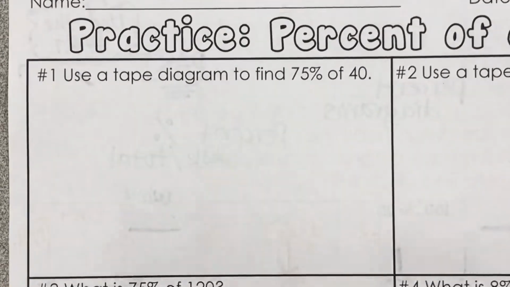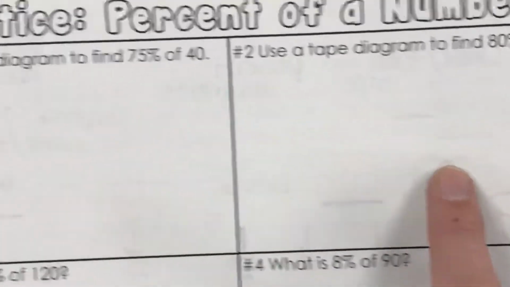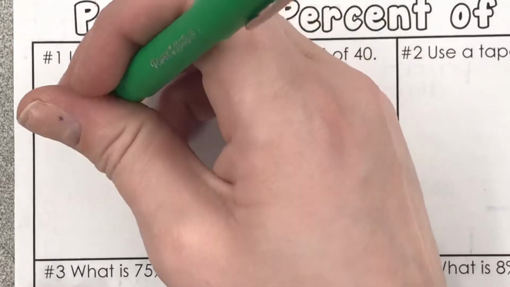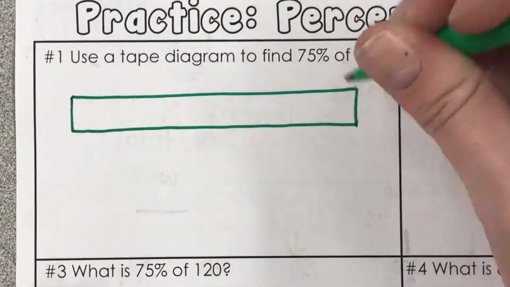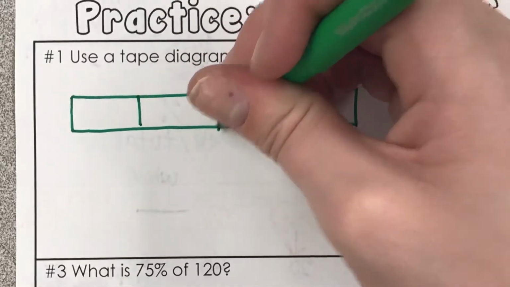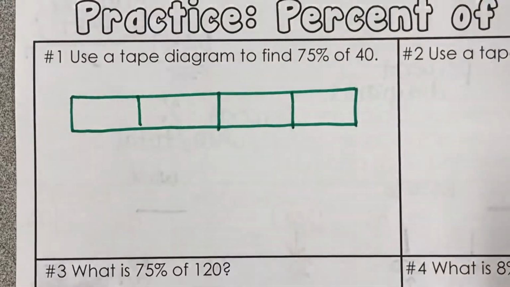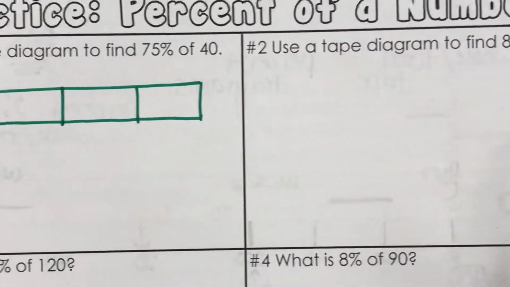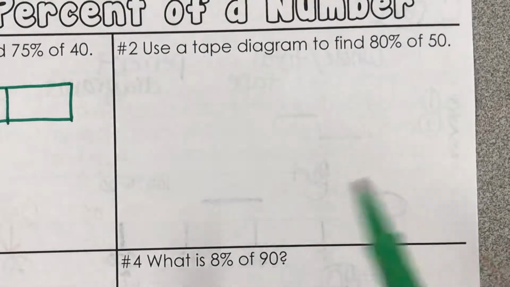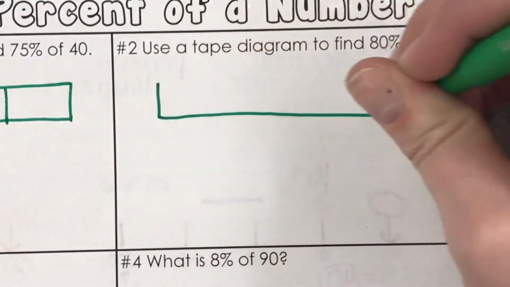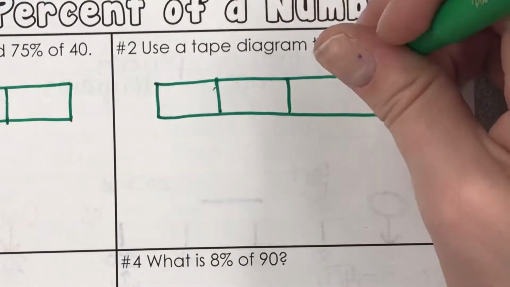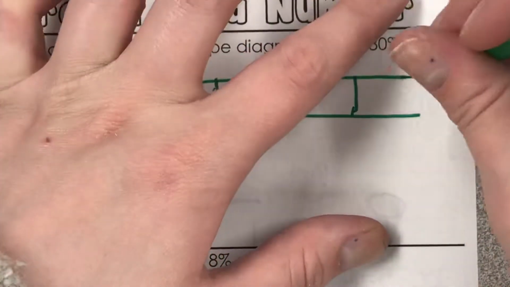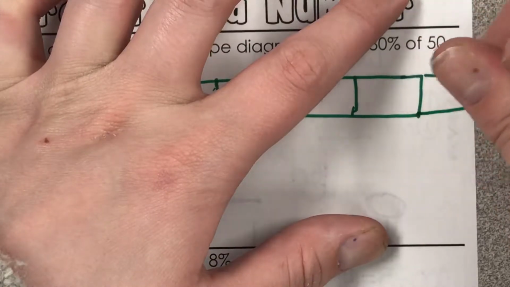These first ones, you need to use a tape diagram. So I will tell you the first one, you should break it up into 4 boxes. So 1, 2, 3, 4. And the second one, I would break it up into 5 boxes. So 1, 2, 3, 4, 5.